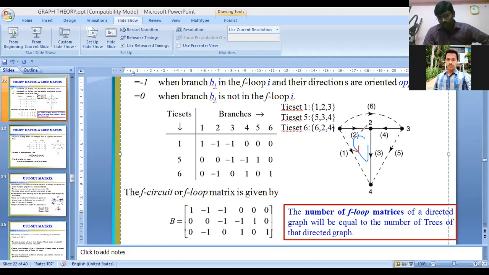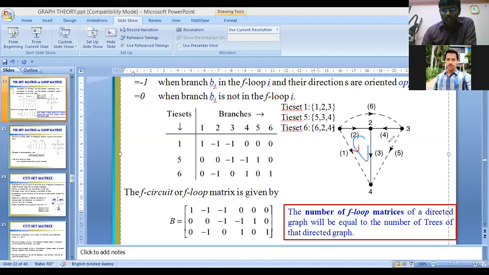The loop current is flowing in this direction, but the branch current is flowing in this direction, so you will get -1. Like this, for the third element, the current flowing through it is also opposite to the loop current, so for 3 it is also -1. Remaining all are zeros.